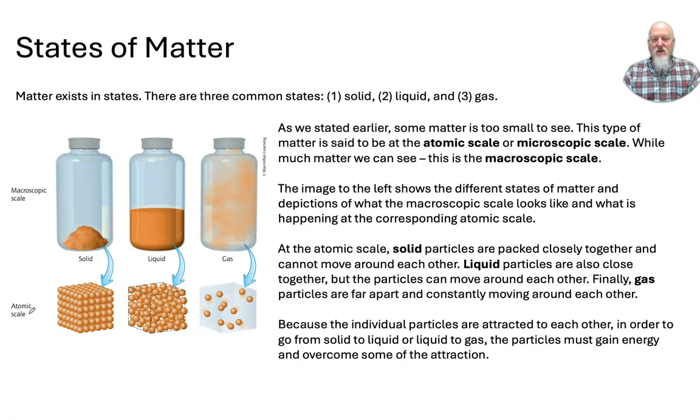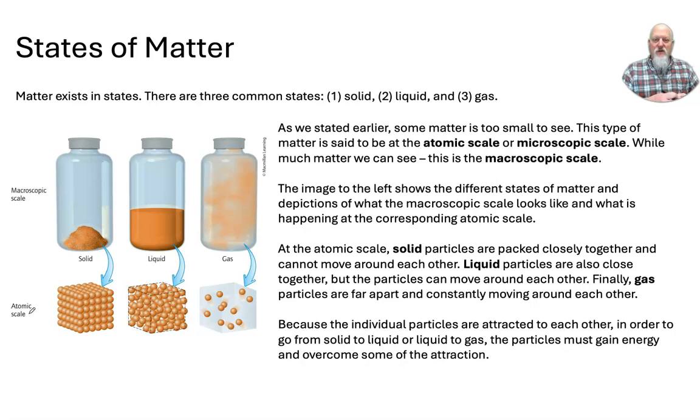So we went from a solid to a liquid. That's melting, right? And then if we go from the liquid to a gas, we give them more energy. So we increase the temperature more, and at some point they evaporate, and the particles now have completely overcome the attraction because they have so much energy.